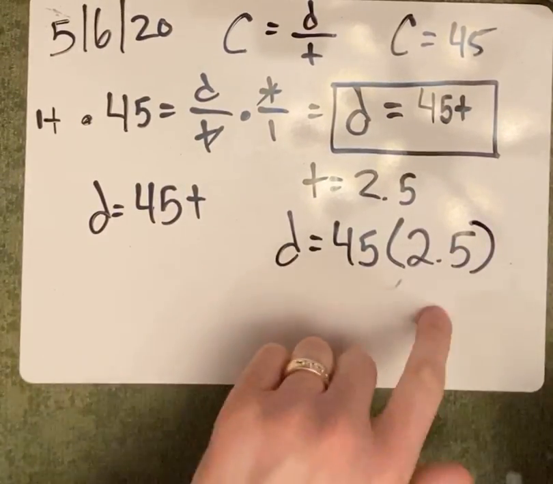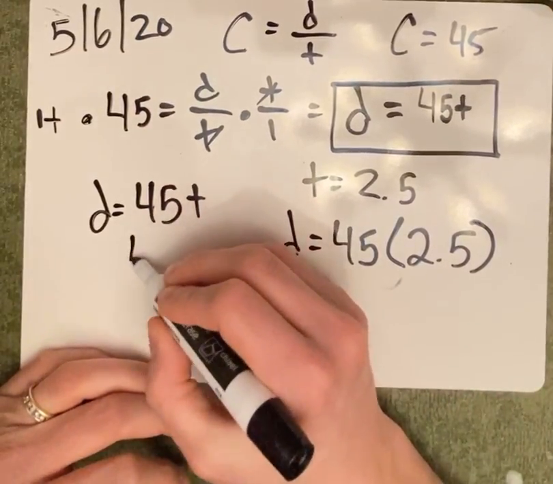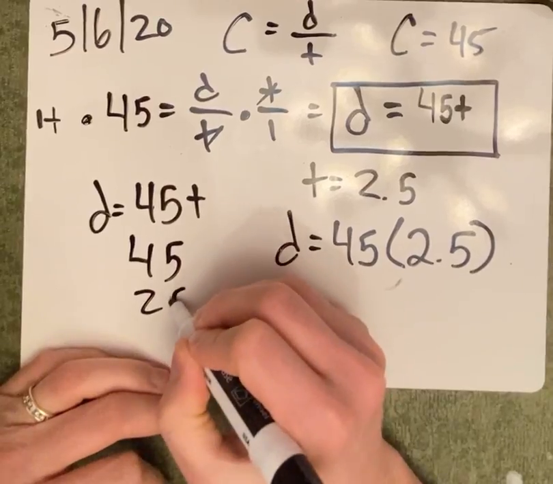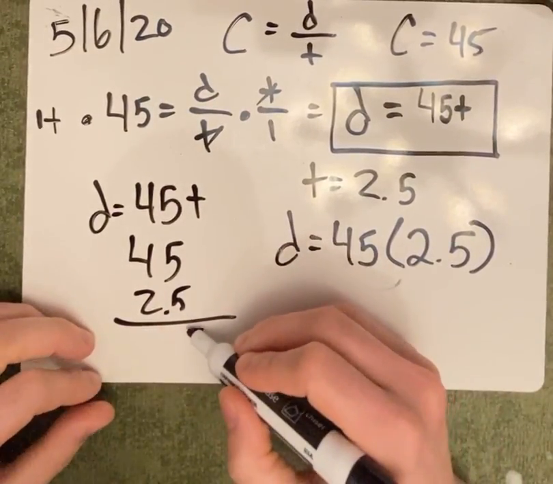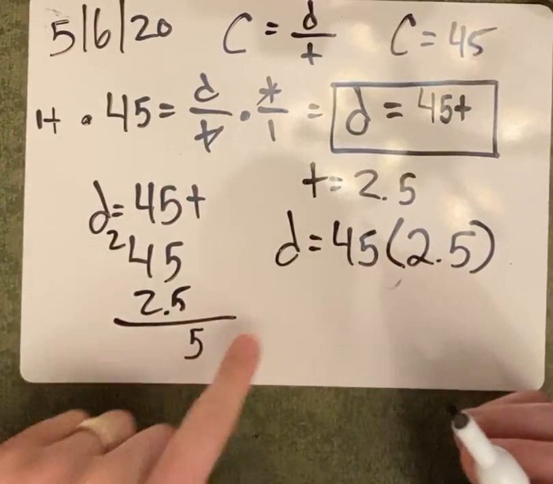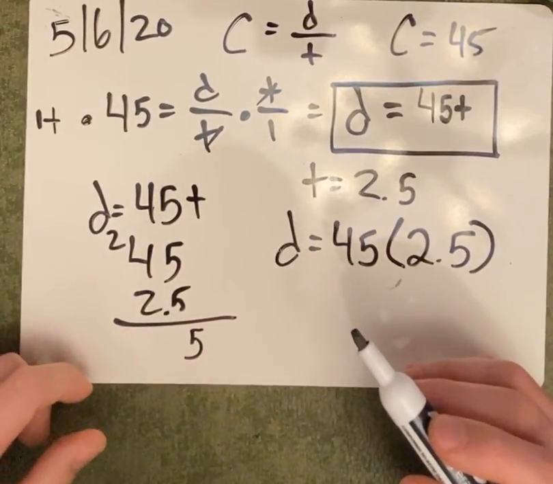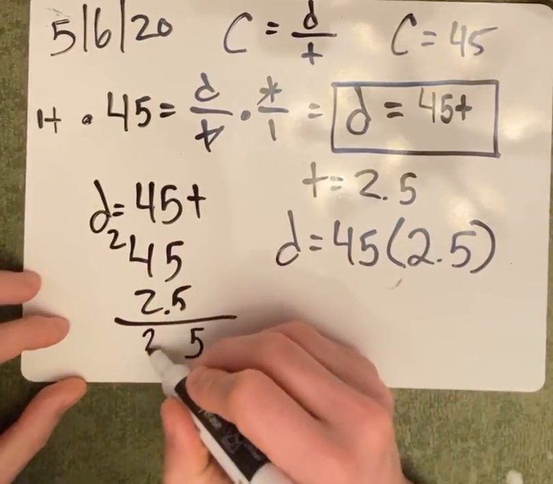All right, we know what to do now. We're just multiplying. So let's check it out. 45 times 25. 5 times 5 is 25. I'm going to have no room here, so I'll probably continue over here. 5 times 4 is 20, plus 2 is 22.